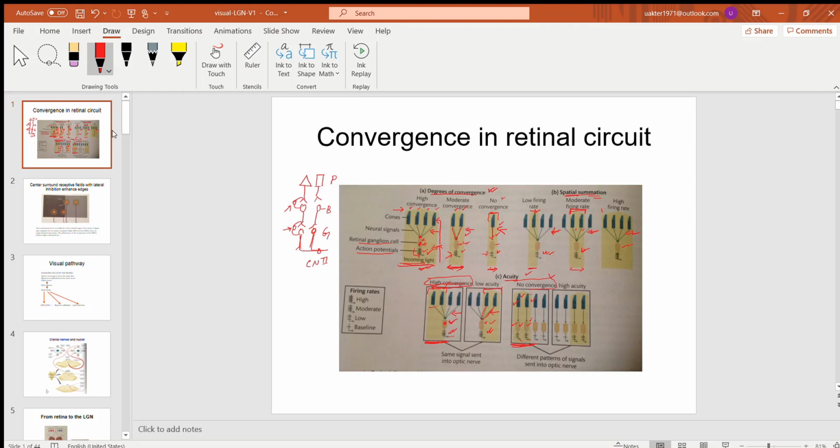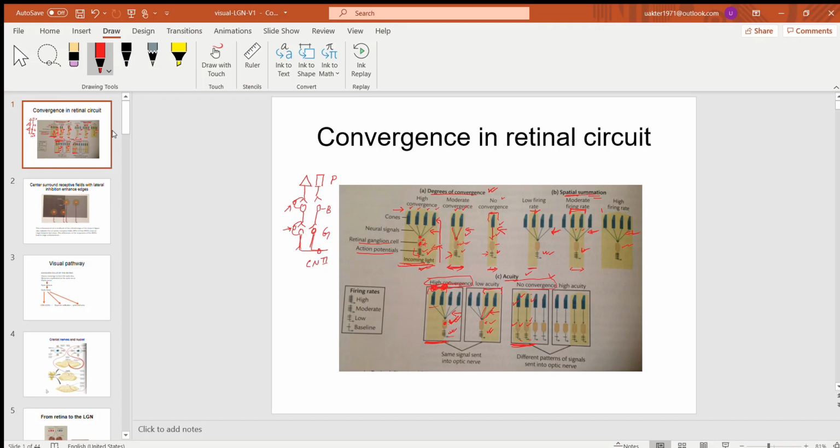So brain will not be able to determine the two separate objects in this case because they are being converged here. So brain cannot get the signal separately, brain cannot process the signal separately.